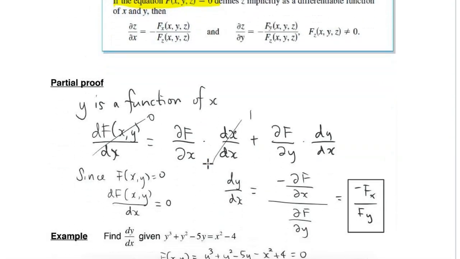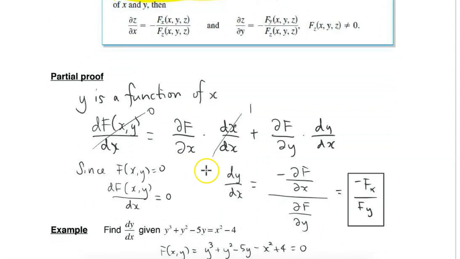So let's see a partial proof. If we set capital F of x, y equals 0, and if we imagine that y is a function of x, then this means dF/dx is equal to 0. So here y is a function of x, so we can write dF/dx because we only have one variable.